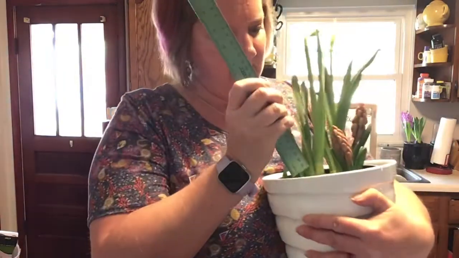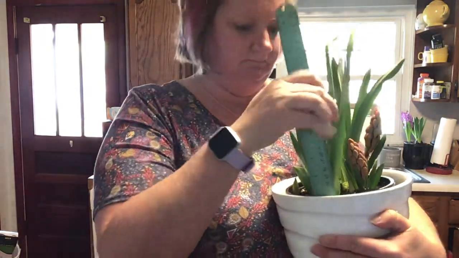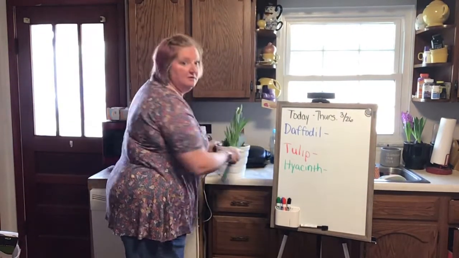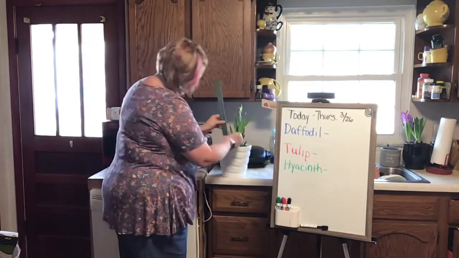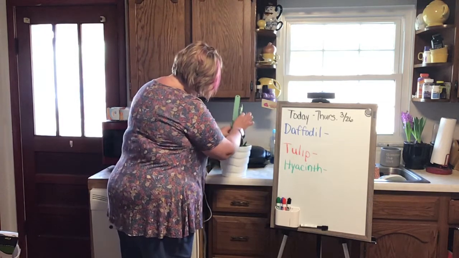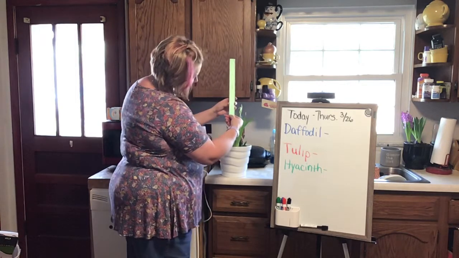All right, so here we go. Realize I need to set this down, it'll work better. Okay. So putting my ruler right here. Whoops, I've got to start on the 0.